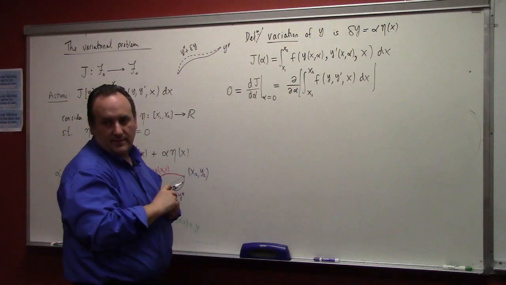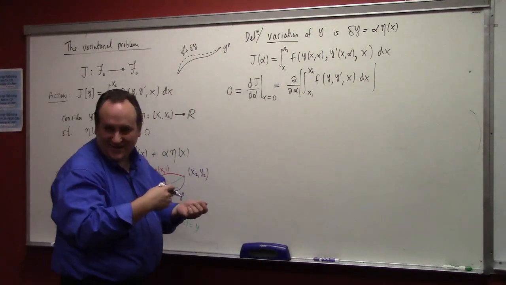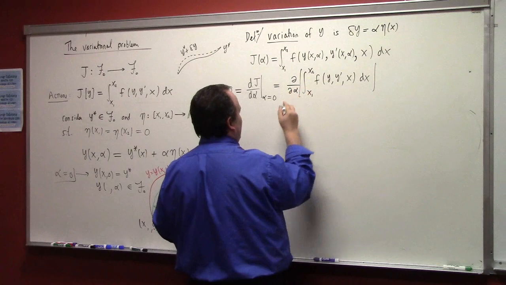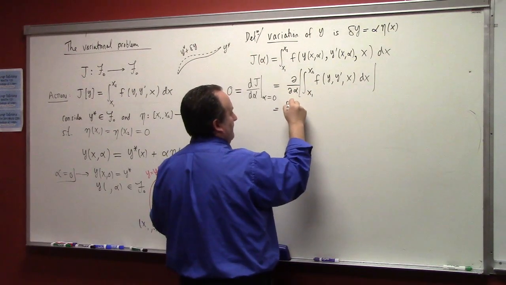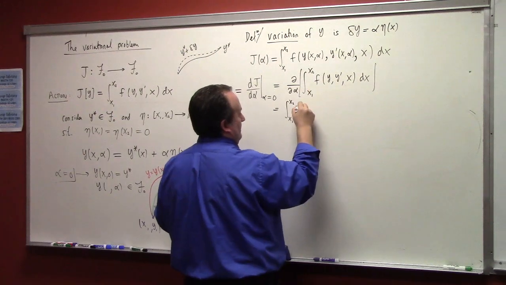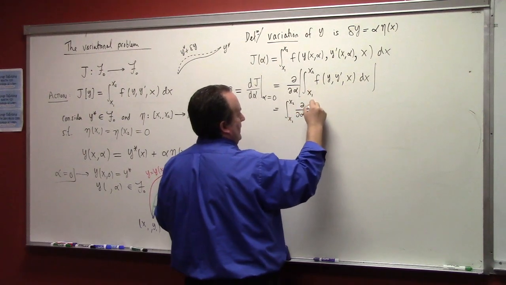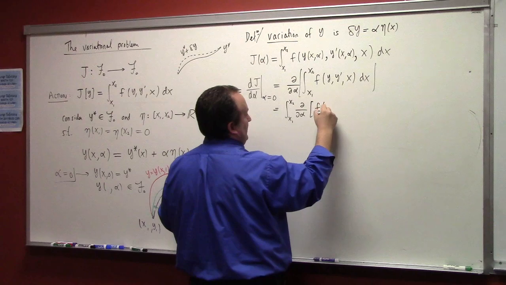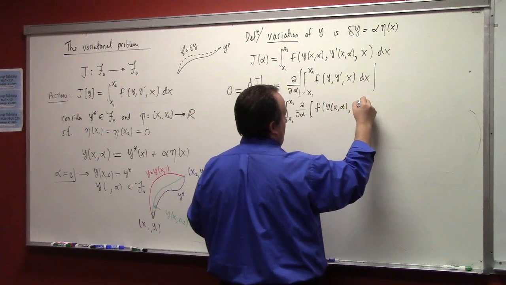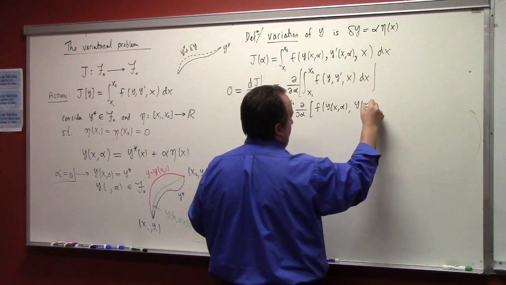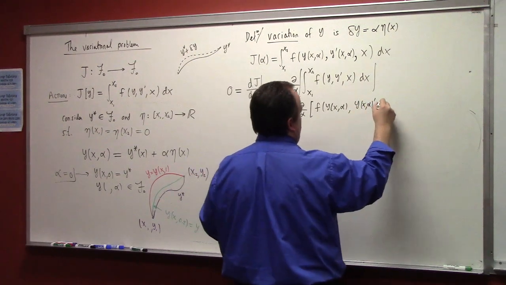Well, first of all, commute the order of the integration and the differentiation, all right? And so what do we have? Partial alpha of that. And I'll write back in the functional dependence, y of x alpha, y prime of x alpha if you like, and x. Okay, so great.